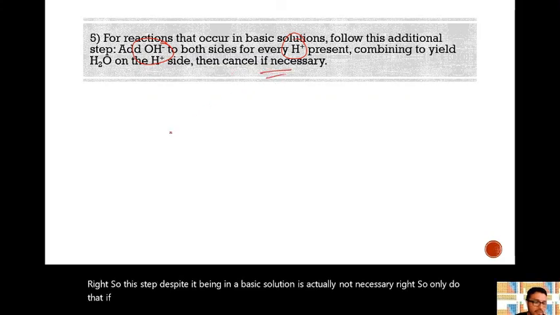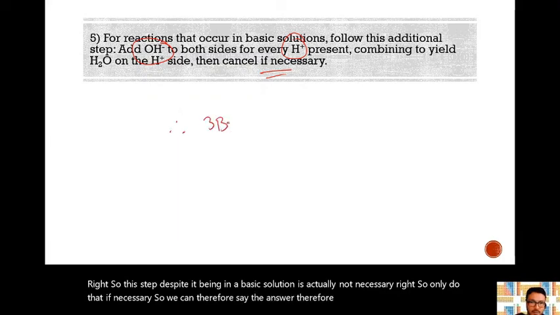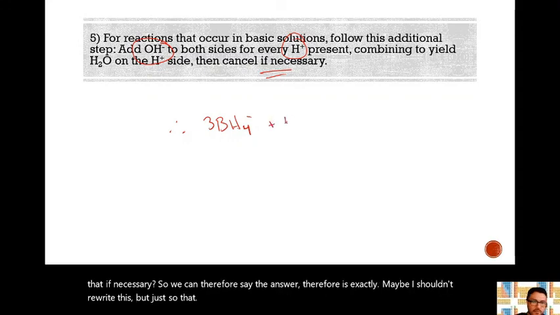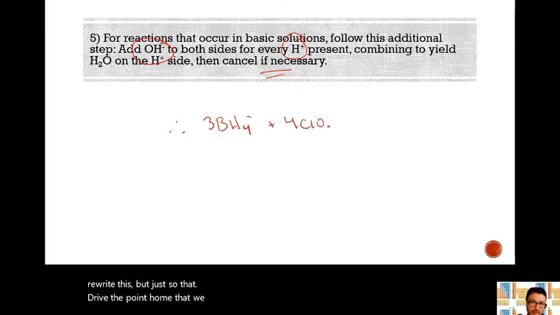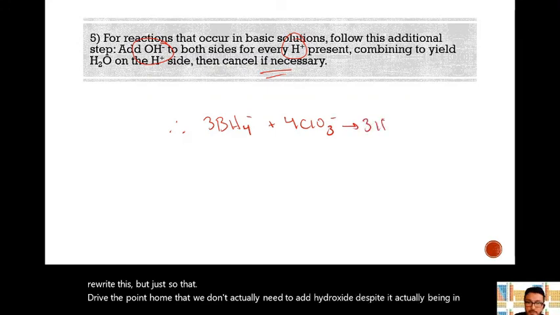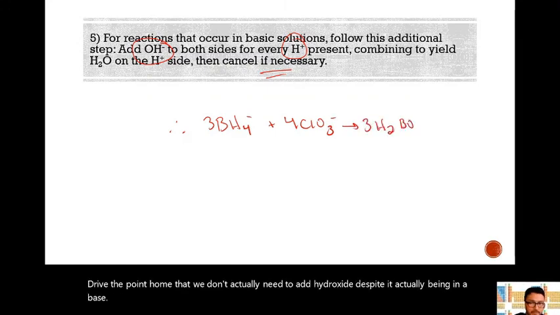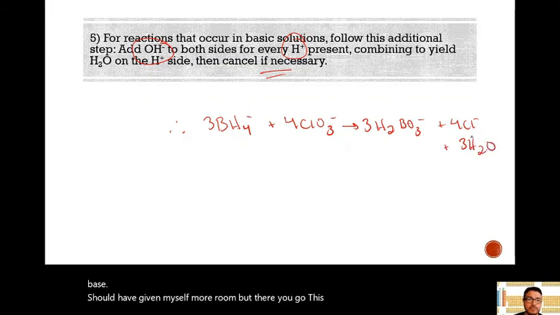So we can therefore say the answer is this, just to drive the point home that we don't actually need to add hydroxide despite it being in a base. I should have given myself more room, but there you go. This is now your final answer.